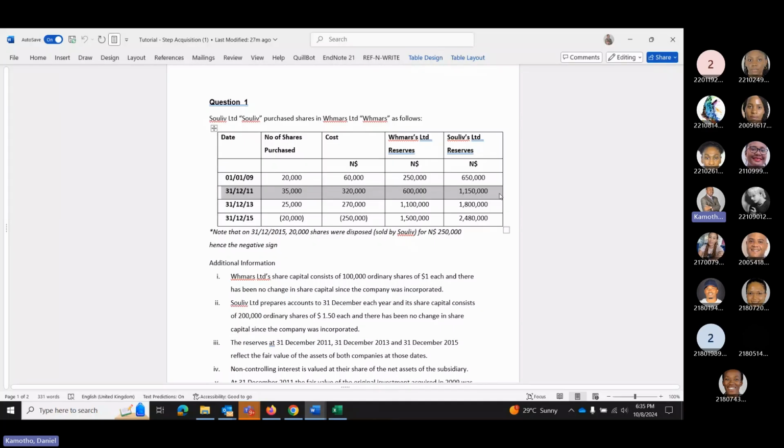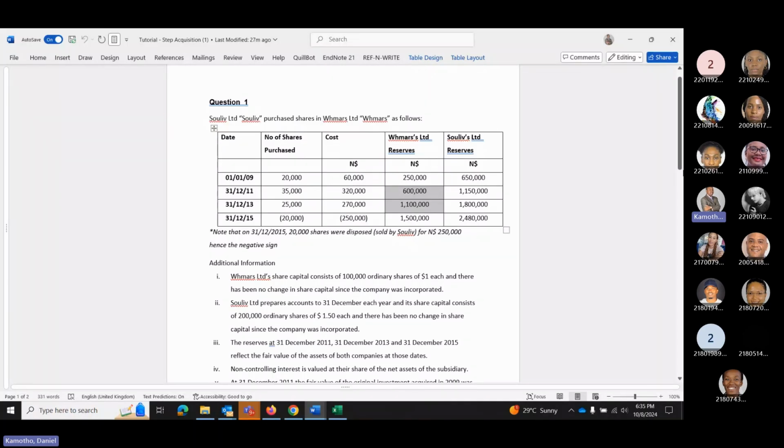So ideally, we are saying between 2011 and 2013, before they made another investment, the company made profit, and that profit is represented by the growth from 600 to 1.1. So the subsidiary made profit of 500,000 between December 2011 and 2013.